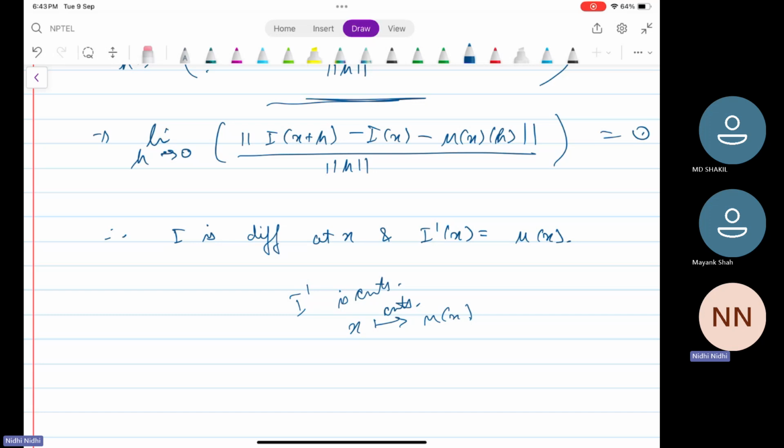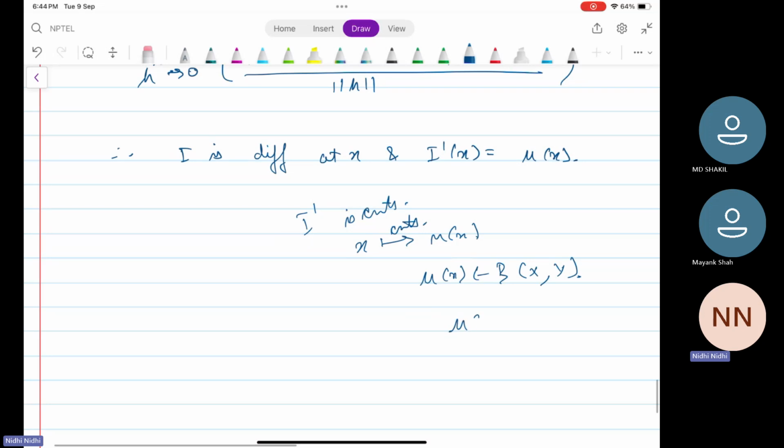Because we were given already that u_x is in B(X,Y). Basically, u_x is from X to Y. So eventually this will become a C1 function.